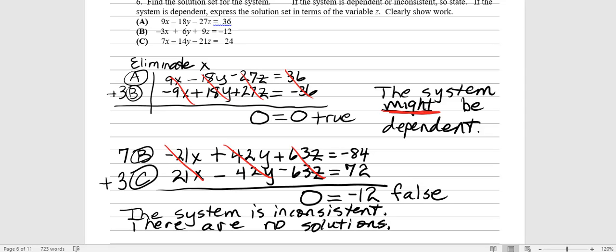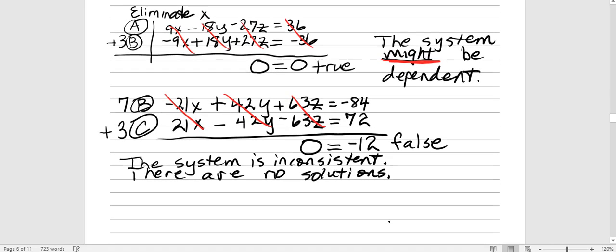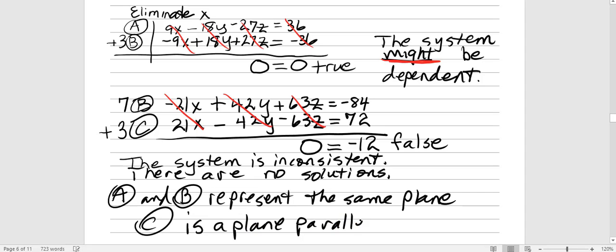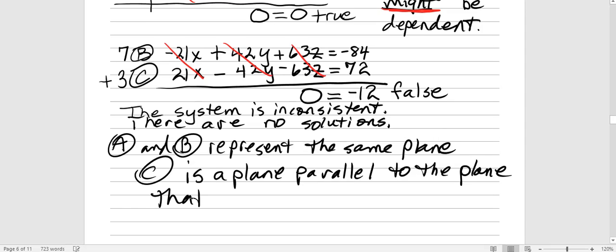And I see that equations A and B represent the same plane. Equation C is a plane parallel to the plane that A and B represent.